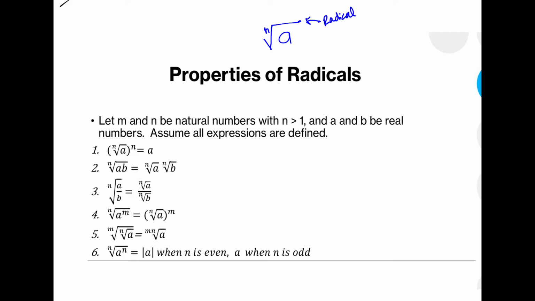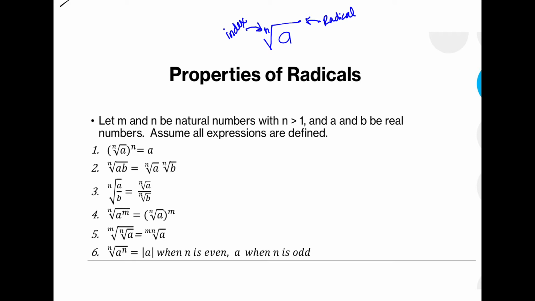Yes, most of the time it is, and we assume it is unless we're told otherwise by the index, which is the little number here. If there is an index there, it's generally because we want it to not be a square root. If there's no index there, then we assume it's a 2. The index tells you what type of radical or root we're taking.